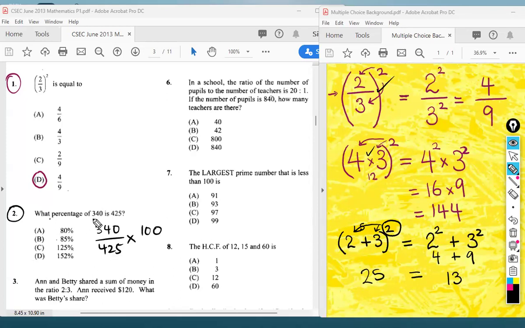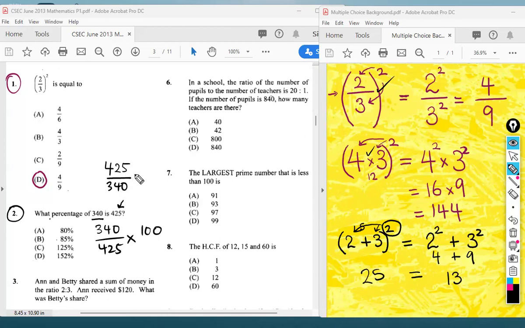What percentage of 340 is 425? Which one has to go on top? It's the 425. This is not normally seen, right? You're accustomed to seeing a larger number underneath all the time. But it's possible to have a percentage of more than 100%.